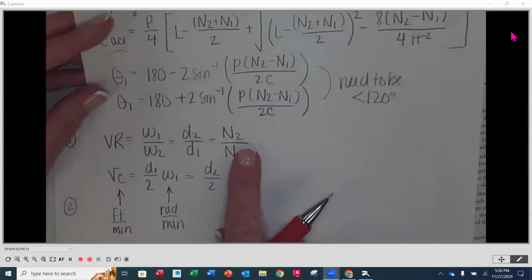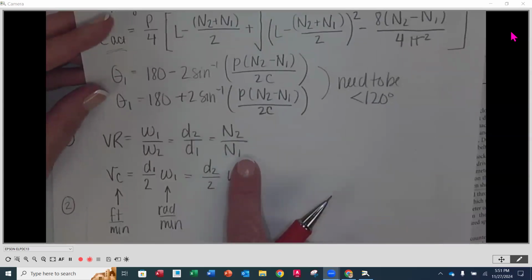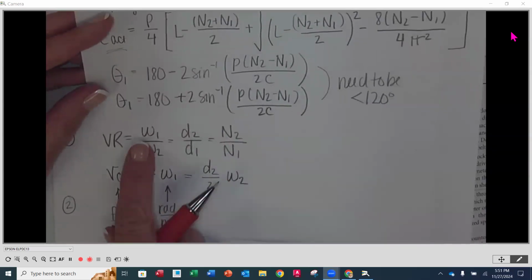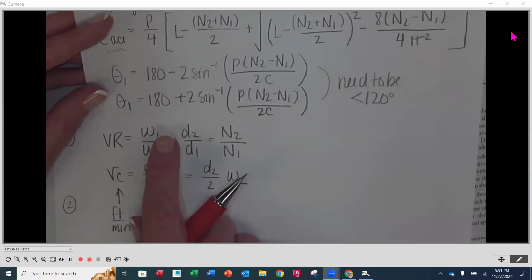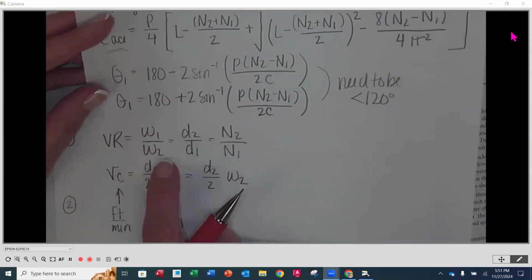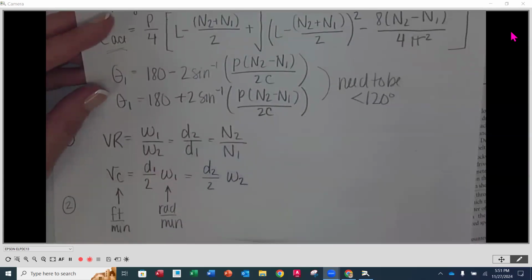Okay, so here's our N2. We know N1, and we're going to set it equal to the ratio of the driver speed to the driven speed. We know that the driver is at 1200 RPM, and we need to accomplish 240 RPM for our output.